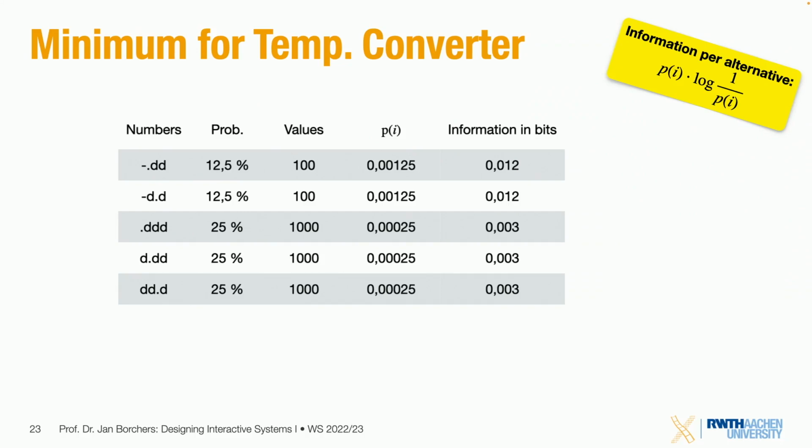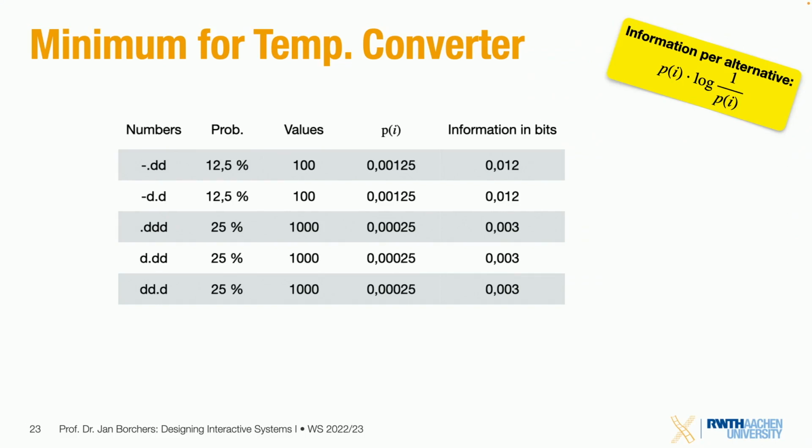So you can already see that because we have more different values here, each single value has a little bit less information per bit. Right? Whereas here, we have only 100 dividing this up, so it has a little bit more information for each single alternative.